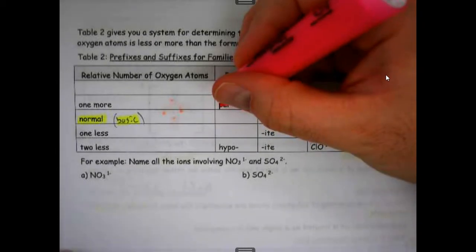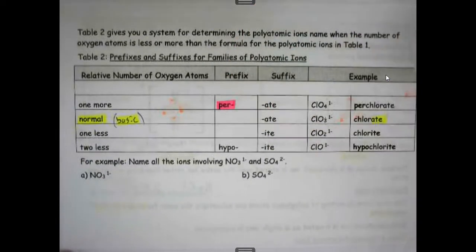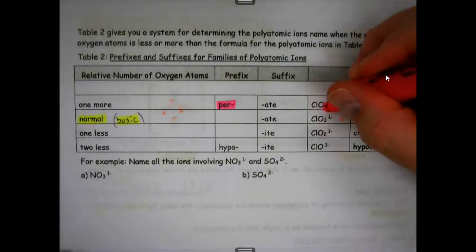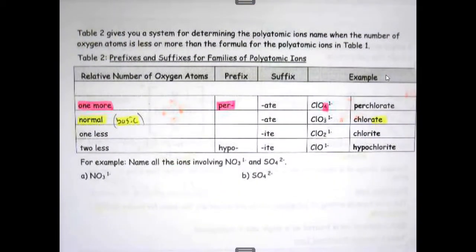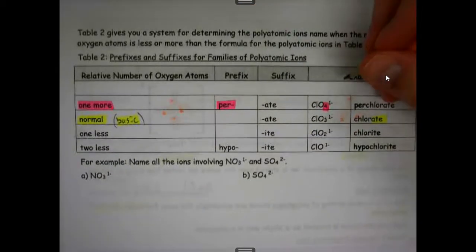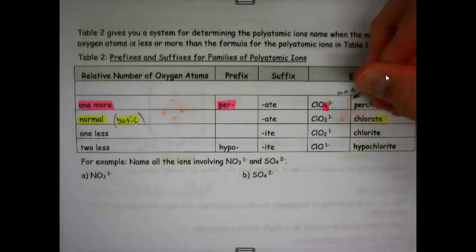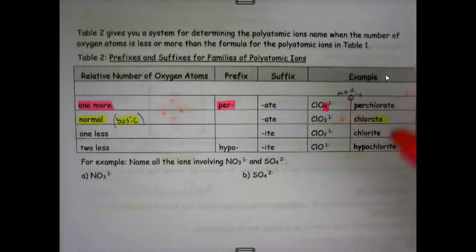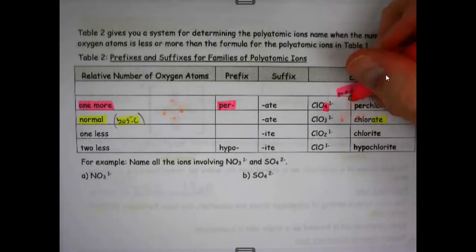We add the prefix "per" and we use the same "ate" ending. And we'll notice here that there is one extra oxygen than the basic version, so more O's.